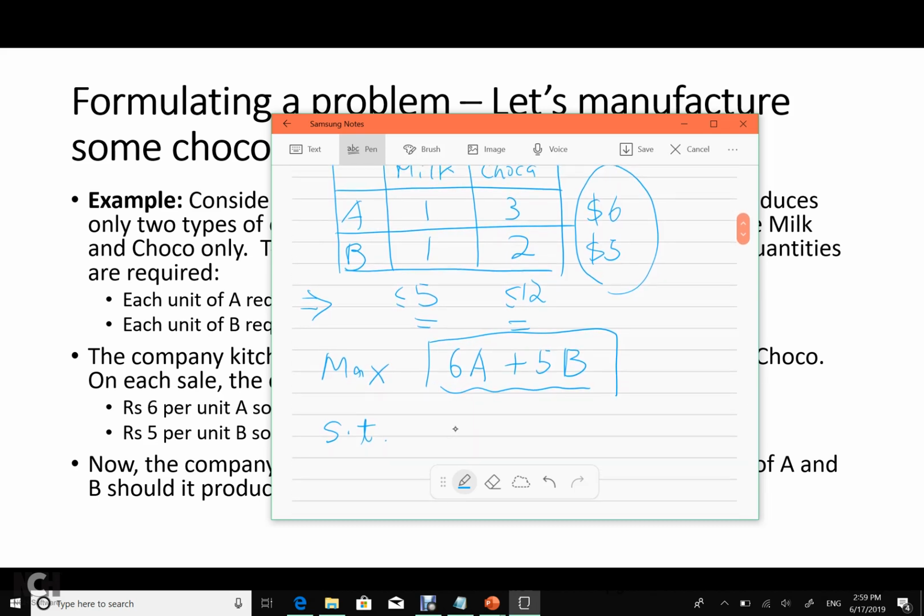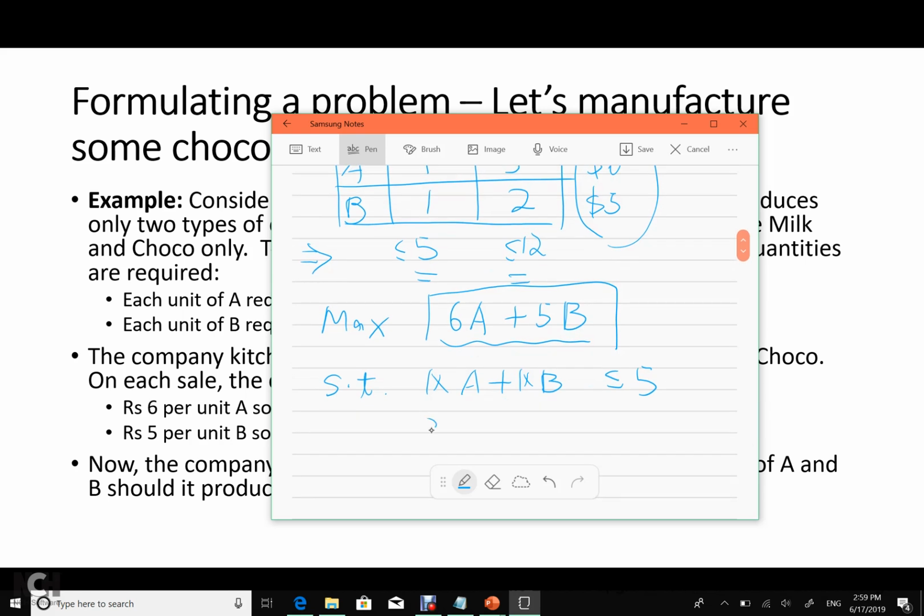We see that we have A and B corresponding to the number of produced A and B. So A plus B should be less than 5, right? Because the total milk we use is 5, not more than that. The amount for each unit is 1 times A and 1 times B, right?